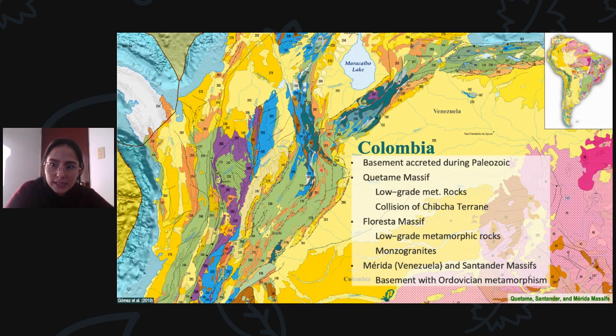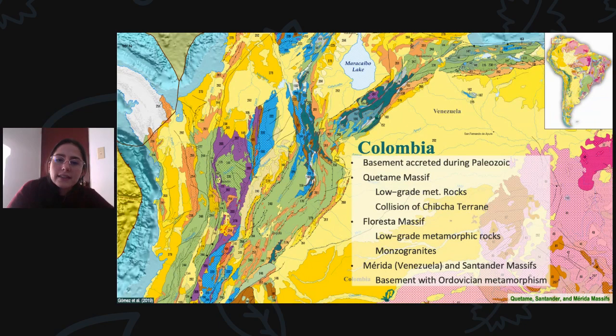The Floresta Massif exposes low-grade metasedimentary rocks, which have been interpreted as part of the Grenvillian allochthonous terrain. The basement of Colombia and Venezuela belong to the same terrain and have a Grenvillian age. This northern Andes basement was affected by an important Ordovician metamorphism. The peak of the metamorphism has been recognized in amphibolites at 489 and 472 million years.